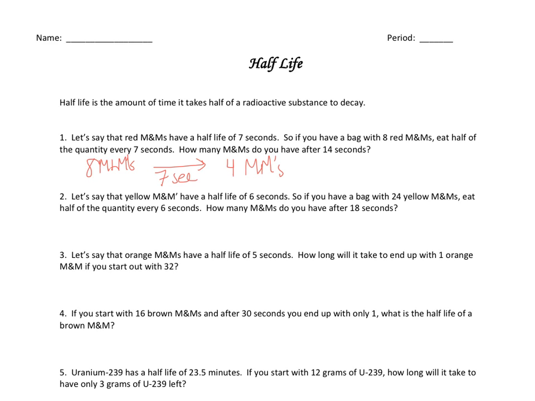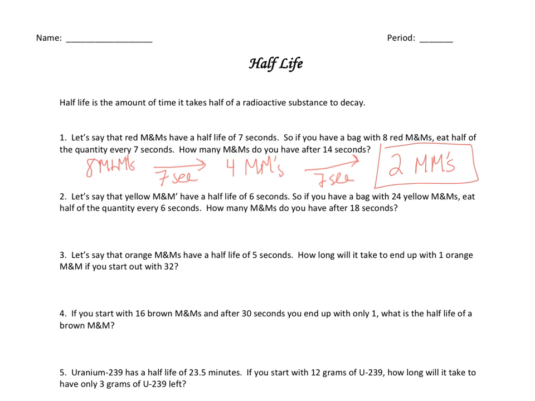So if you go for another 7 seconds, then half of this amount would turn into something else, and so we'd be left with 2 M&Ms. So after a total of 14 seconds, 7 plus 7 is 14 seconds, so 2 half-lives have passed, we would end up with 2 M&Ms, so the answer is 2.